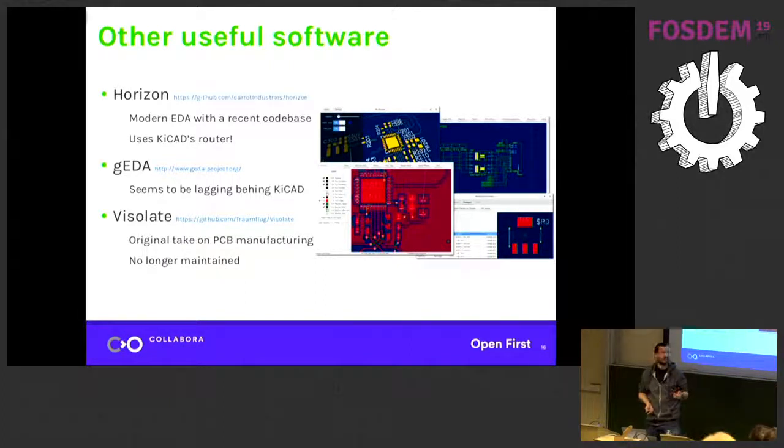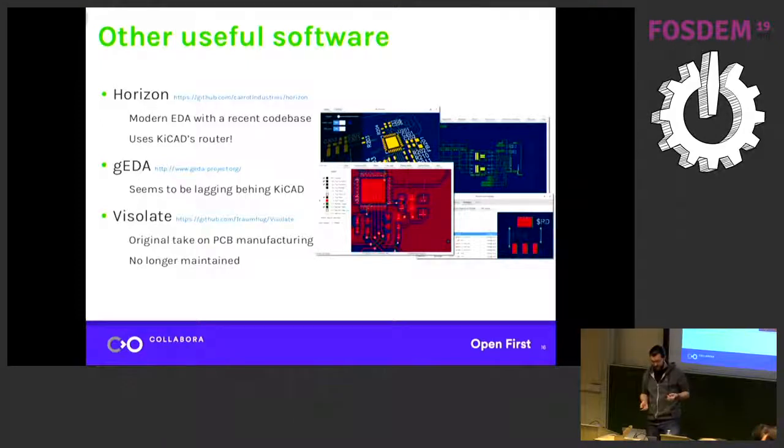And something that I found a bit fun, it's Visolate. It's an old project, no longer maintained, but it allows you to generate G-code for building a PCB from a milling machine. So that's another take on PCB manufacturing, which you can do in your local fab lab. And I think it was interesting to mention.